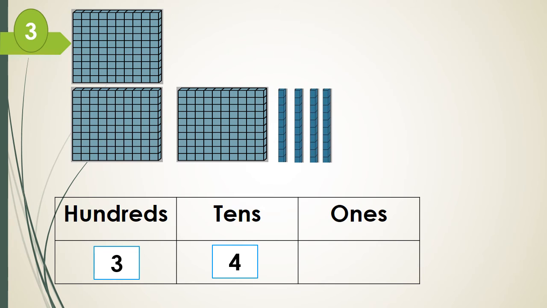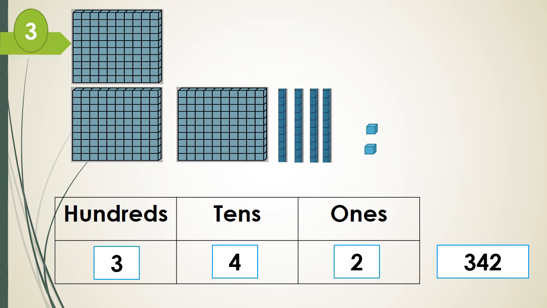I write 4 under the tens digit. So how many ones? 1, 2. How many ones? 2. I write 2 under the ones digit. I write the number as 3 hundreds, 4 tens, and 2 ones. I write it as 342.